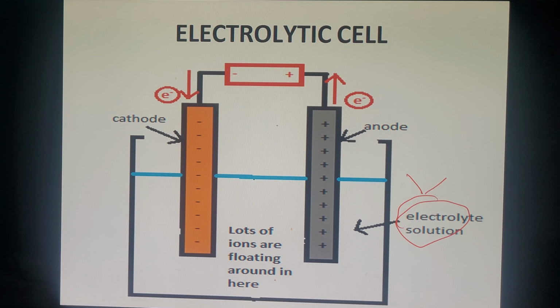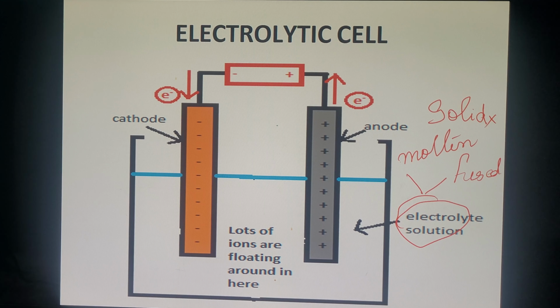I can never do electrolysis on a solid state compound. It should either be in the molten state or in the fused state. Clear? So whichever chemical compound I am planning to pass electricity into will be called my electrolytic solution, or simply the electrolyte solution.